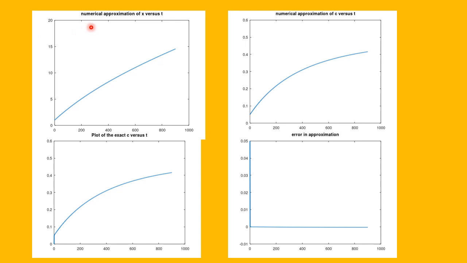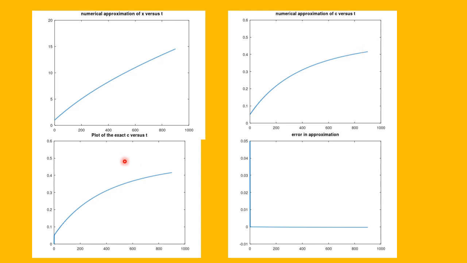Here are the 4 graphs that we just saw. The numerical approximation of X versus T, the T-axis, time, is horizontal, the X-axis here is vertical, and it's this curve. The amount of salt in the tank is increasing with time. For our simulation, the numerical approximation of the concentration of salt in the tank versus time is given by this plot.